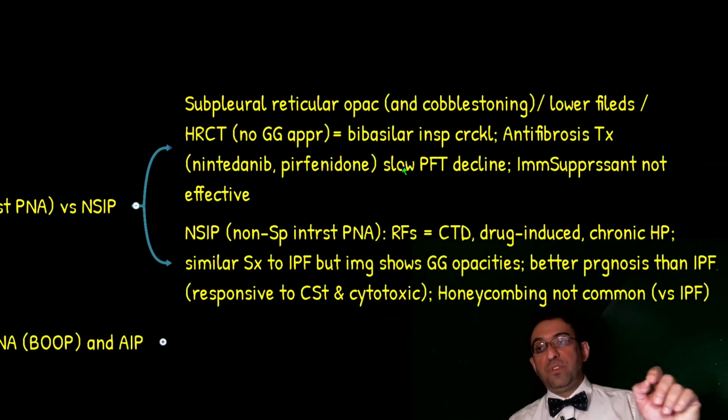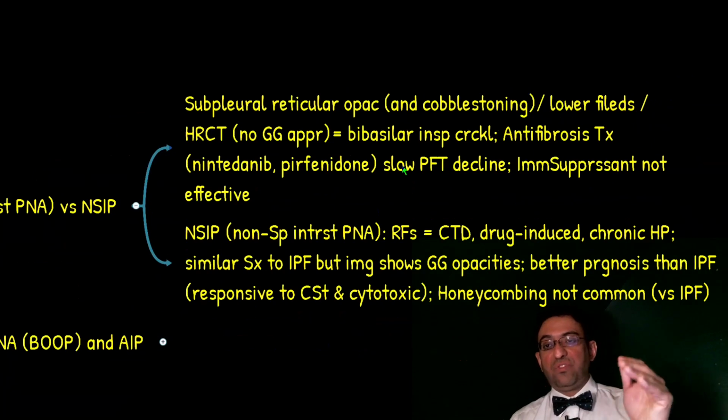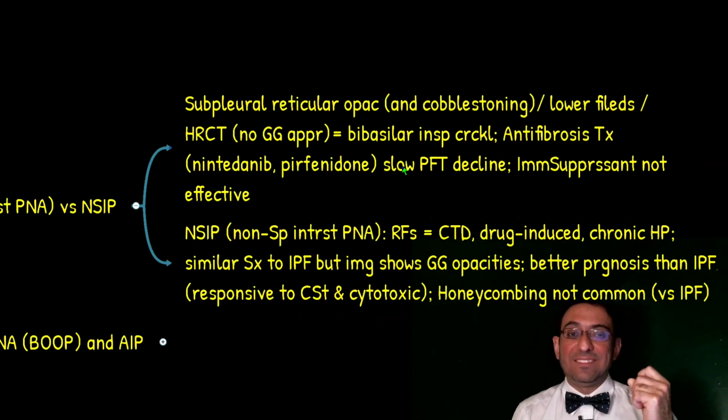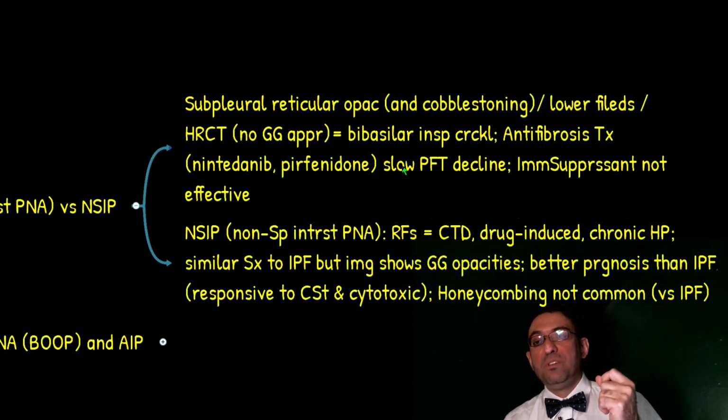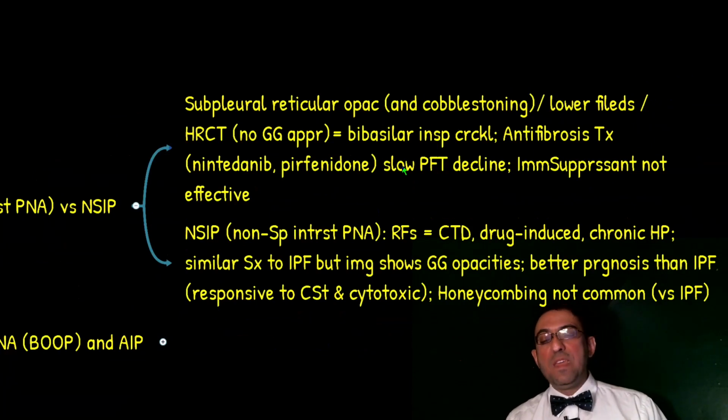So how do we differentiate these two? Not only are the risk factors present in non-specific interstitial pneumonia, but very important is the fact that chest x-ray shows ground glass appearance as opposed to IPF, in which we had subpleural linear or reticulonodular, more commonly, opacities on the lower lung fields.